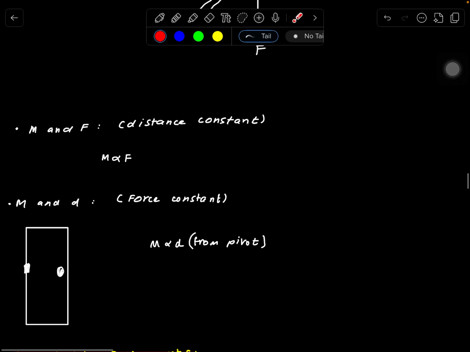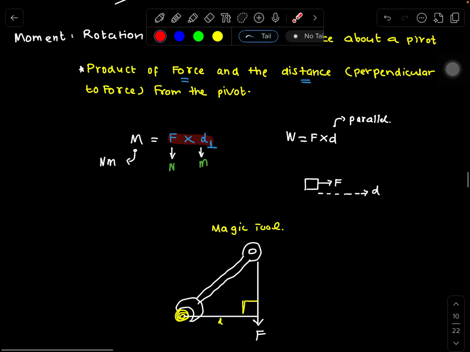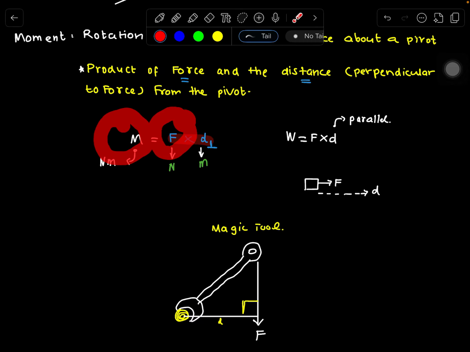Now let's look at the relationship between moment, force, and distance. Remember that most of the times we can look at the relationship between two quantities just from their formula. Okay? So the condition here is that if you have three quantities in a formula or more than three, in order to determine the relationship between two quantities, you have to keep the third one constant.